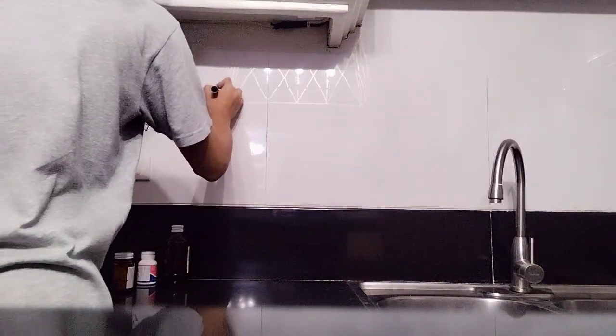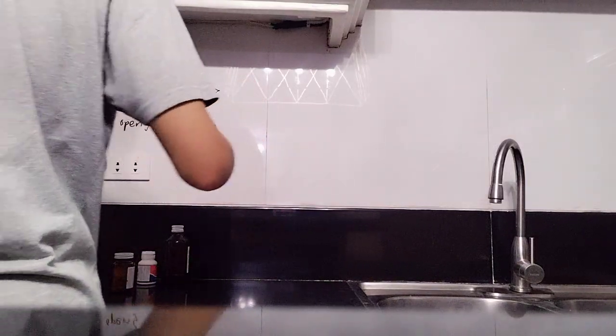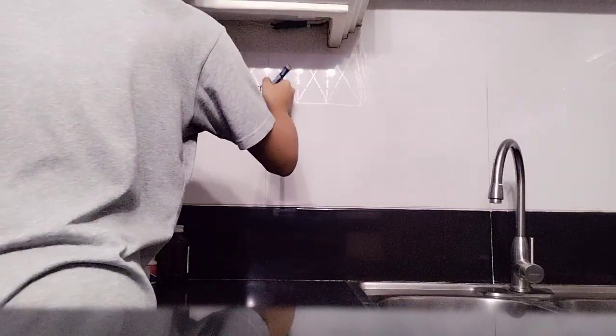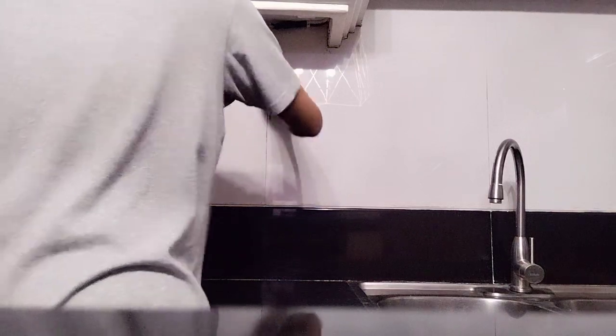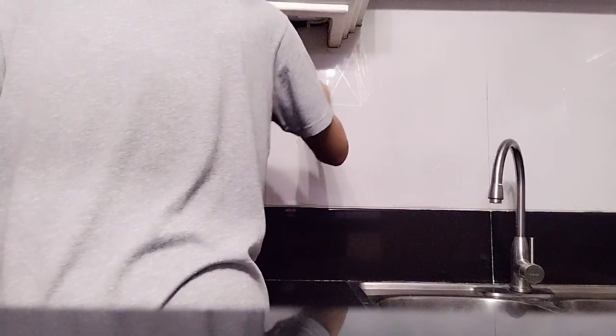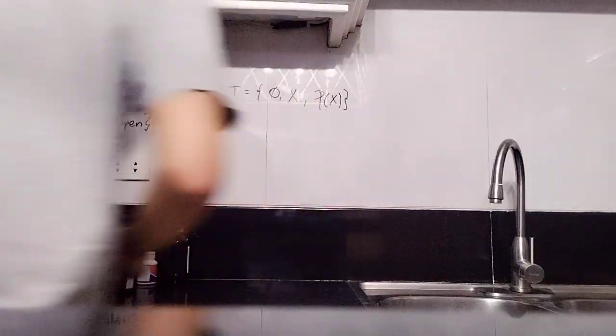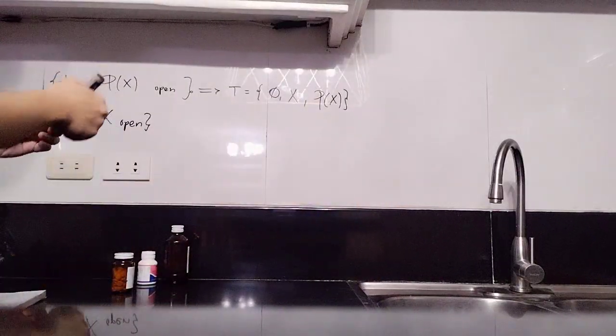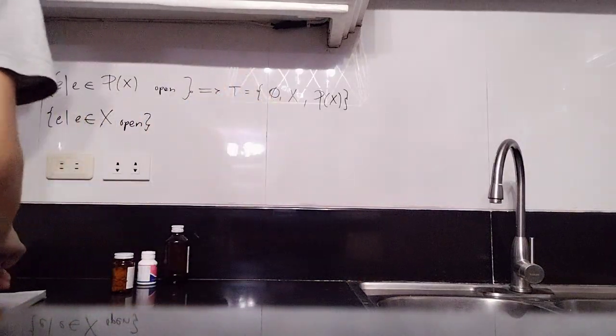So this generates T equals the power set; the topology must contain the empty set and X. So the empty set, X, and P of X. Because you notice that the intersection of all these E would precisely give us X. Right?